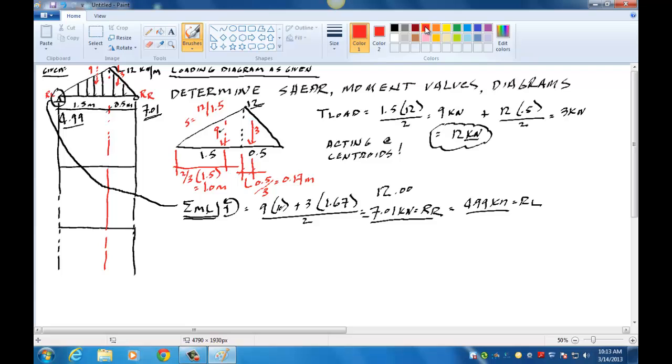But we also know from our equation, and we're going to write that here in just a second, that this jumps up because the reaction is up, 4.99. We also know that those arrows are down and the slope is increasing. So we know it's going to do something like this. Slope is increasing, increasing, increasing to this point.